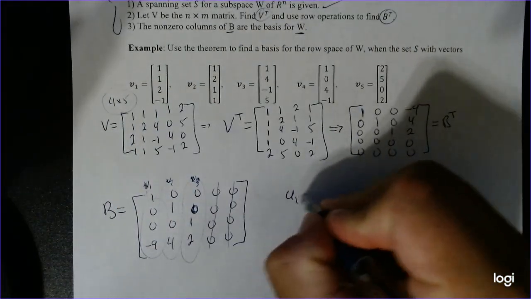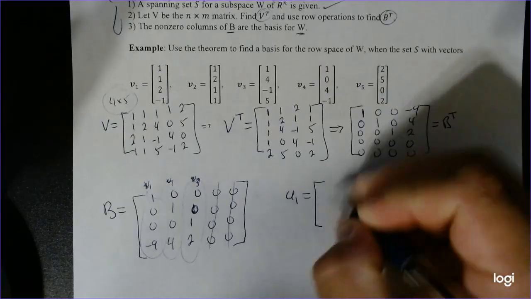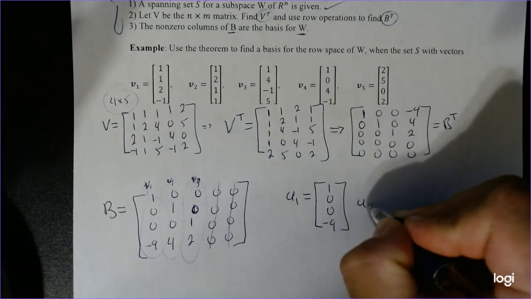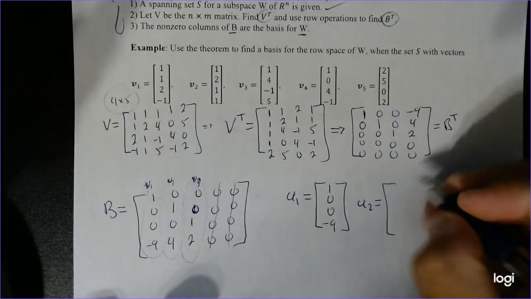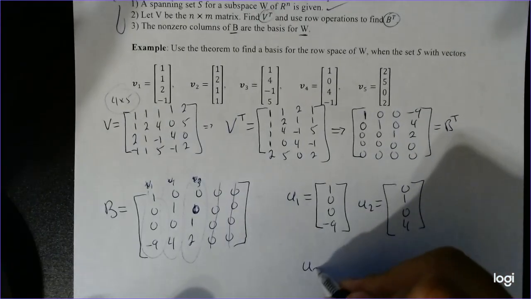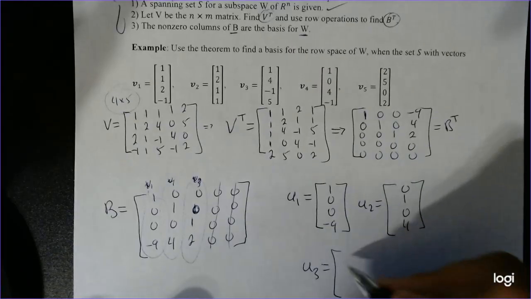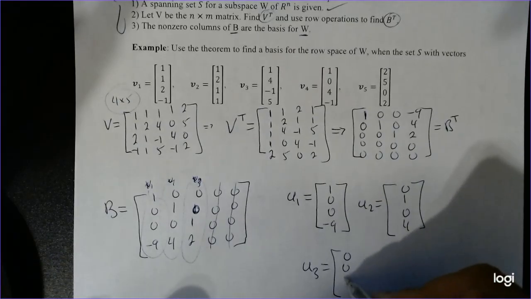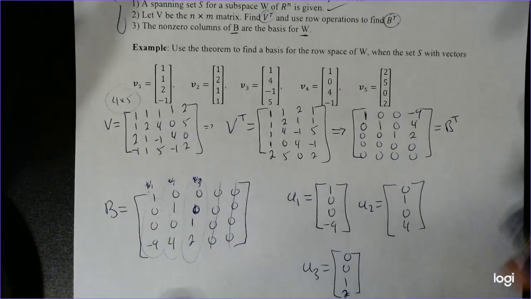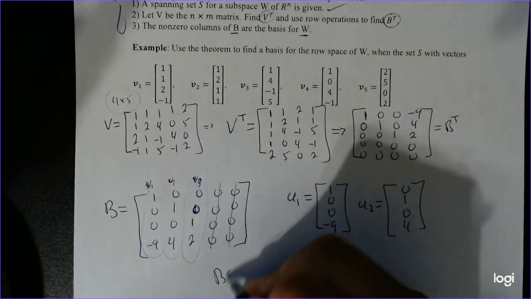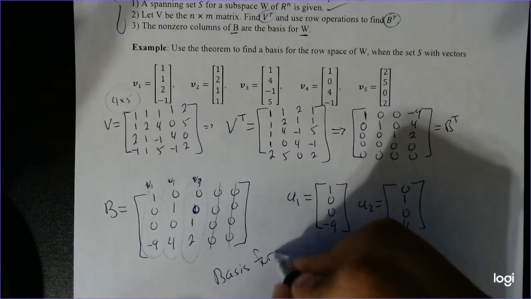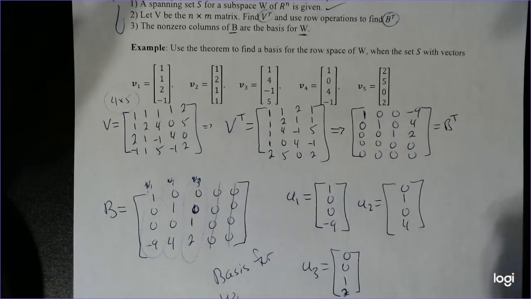So U1 will be the vector 1, 0, 0, negative 9. U2 is 0, 1, 0, 4. And then finally U3. So these 3 vectors form the basis for W.